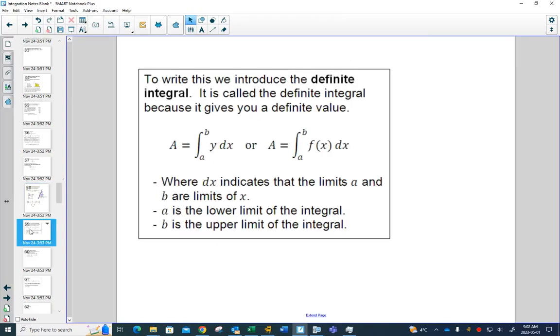But first of all, to put this more formally, we call this the definite integral because unlike the indefinite integral, which had a plus c, the definite integral has an answer. And it's always going to be a value, and that value is going to represent the area of the curve between the lower limit and the upper limit.